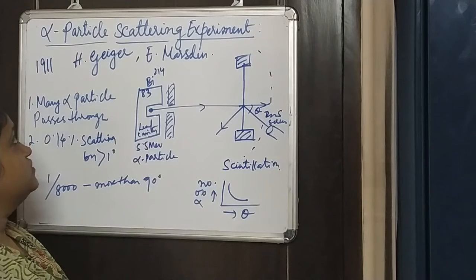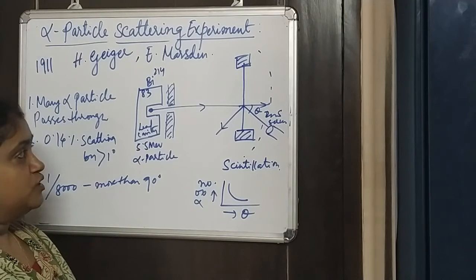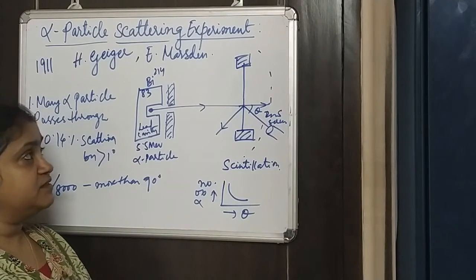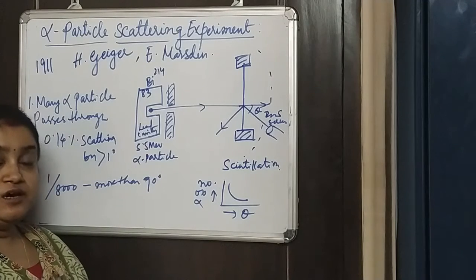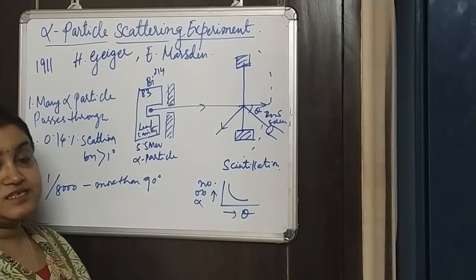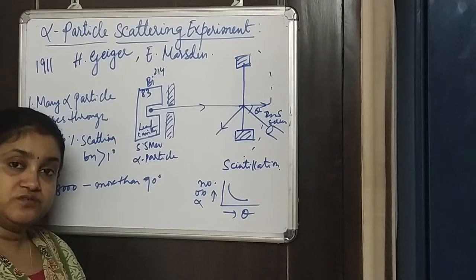We are going to start with the alpha particle scattering experiment. As we have already learned, this is the experiment which is very important for the discovery of the atomic model given by Rutherford.